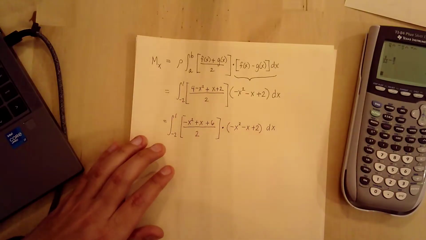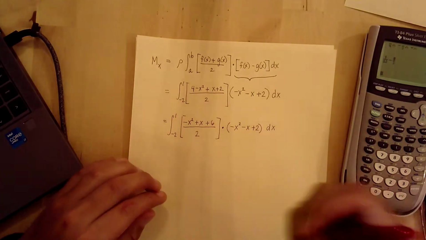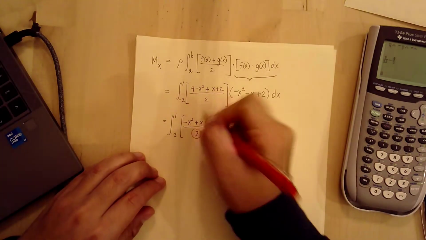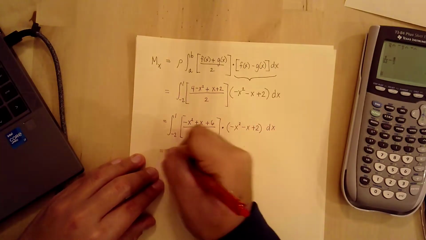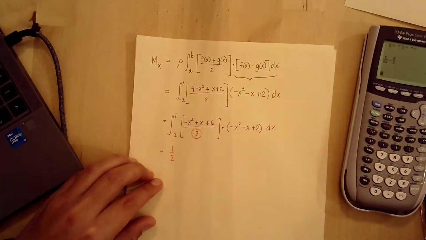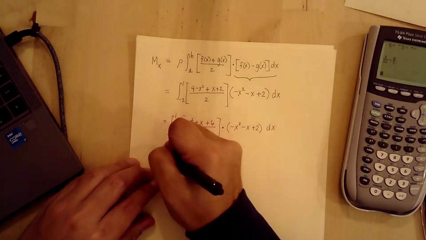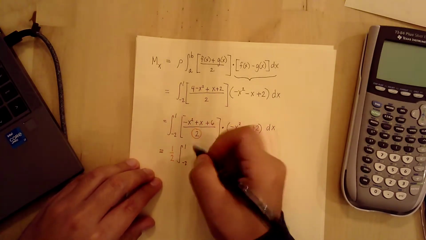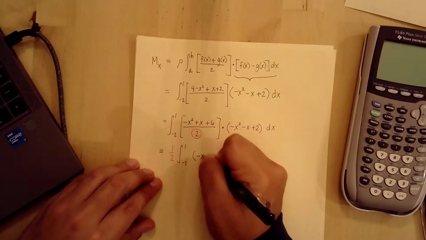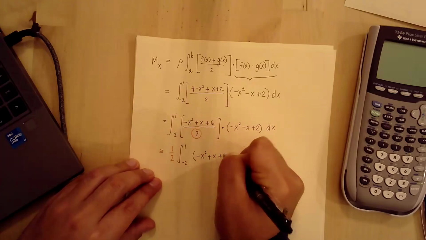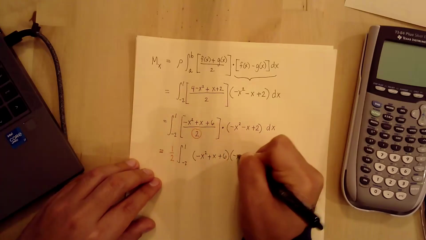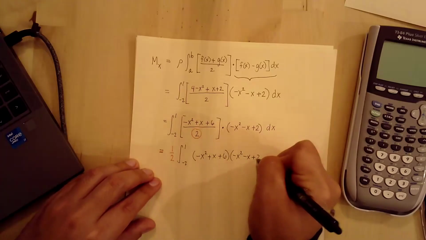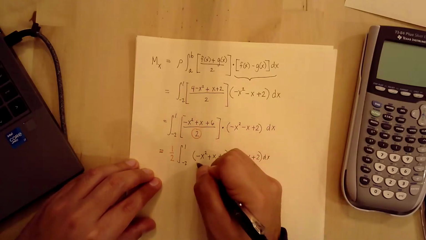Okay. Just for simplicity's sake, I'm going to pull out this factor of 1/2 so that it's on the outside of my integral and I won't have to worry about it when I multiply out what I'm getting ready to multiply. So what I'm multiplying is the negative x squared plus x plus 6 times negative x squared minus x plus 2. Need to multiply these out.